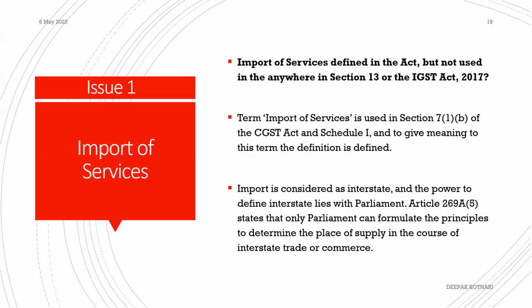That doesn't make me an importer on record. Like export also, goods might move from my location, but you will be the person who files the shipping bill. Same goes with goods and services also, isn't it?